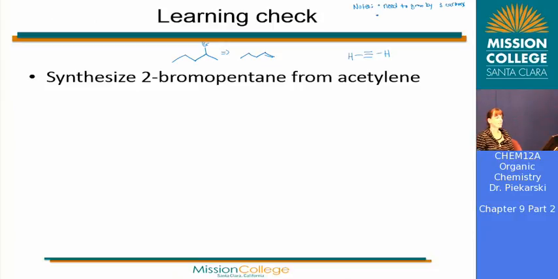So we might have to use HBr and ether, some sort of electrophilic addition reaction. But before that, maybe I had a triple bond after the growth, 1, 2, 3, 4, 5. So I can take it one step backwards, and that will help me think of what I need to do forwards.